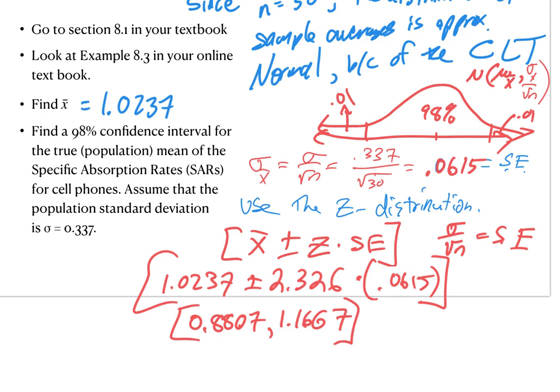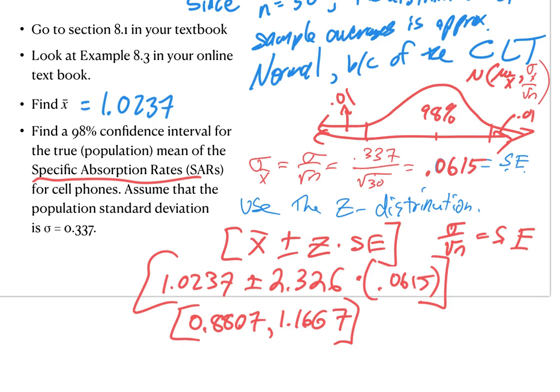I would say something along the lines of, I am 98% confident that the true average of specific absorption rates for all individuals in this population will be between 0.8807 and 1.1667. And if they gave me units, I'd throw my units on there too.